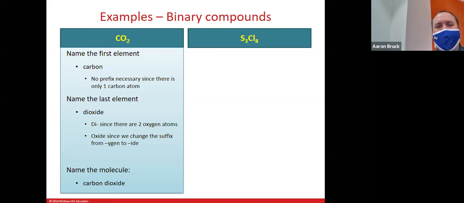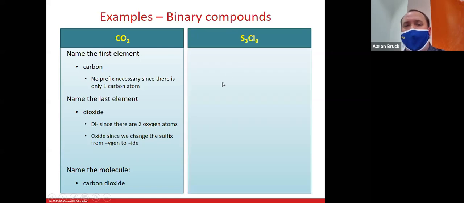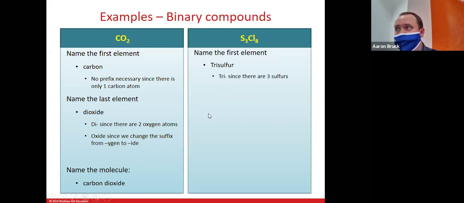In the other example, I've got sulfur S and chlorine Cl. For the first one, sulfur, there are 3 of them. Prefix for 3 is tri. So the first element is going to be trisulfur. Tri for the 3 sulfurs.